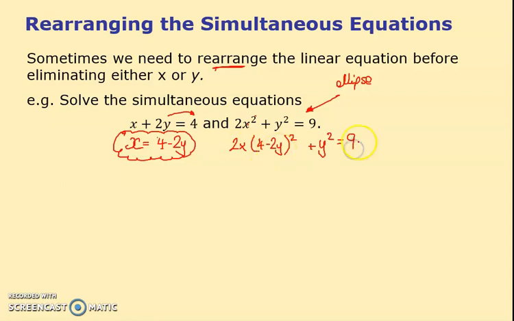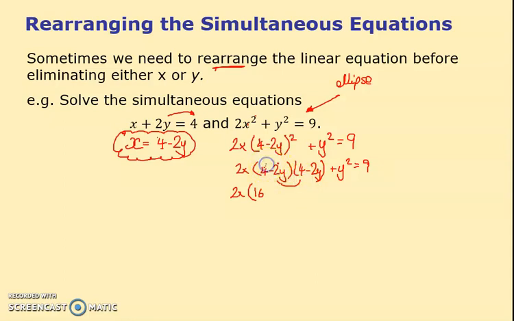Finish off the equation. Now, got to be careful, because this could go wrong if you're not careful. This basically means 4 minus 2y times 4 minus 2y, and then times everything by 2. So, when I do that multiplication, don't forget the 2 times at the front. The 4 4s are 16. 4 lots of 2y is 8y, or minus 8y, but then there's another one there as well.